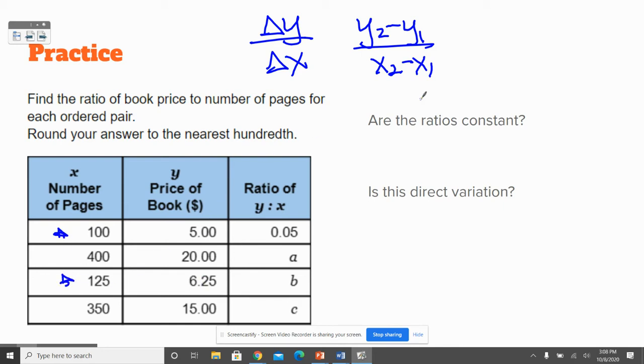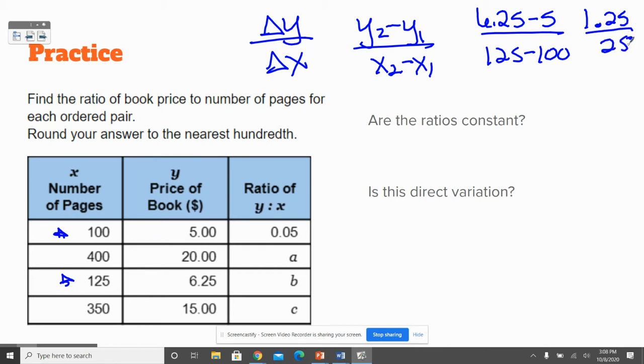And you could take y2 minus y1, 625 minus 5, over 125 minus 100, and that will give me $1.25 over 25. And if you take 125 divided by 25 in your calculator, you get 0.05 as the rate of change.